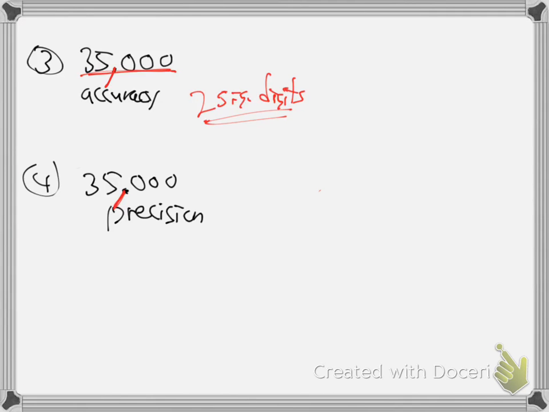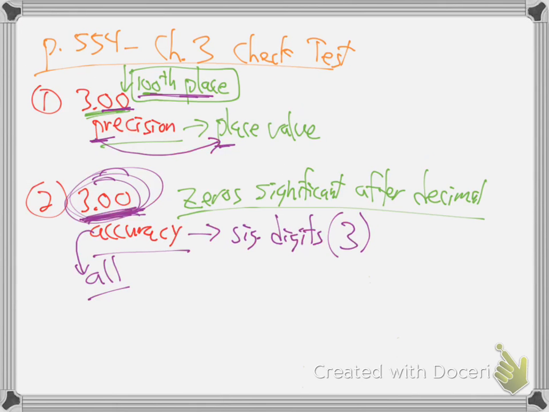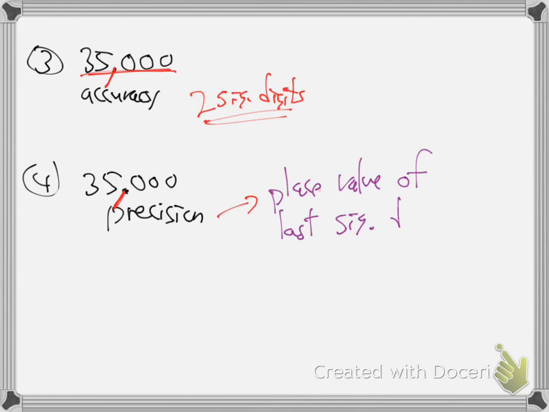Now, precision is the place value of the number. Oh, let me be more clear. I see where we need some clarity here. It means the place value of the last significant digit.